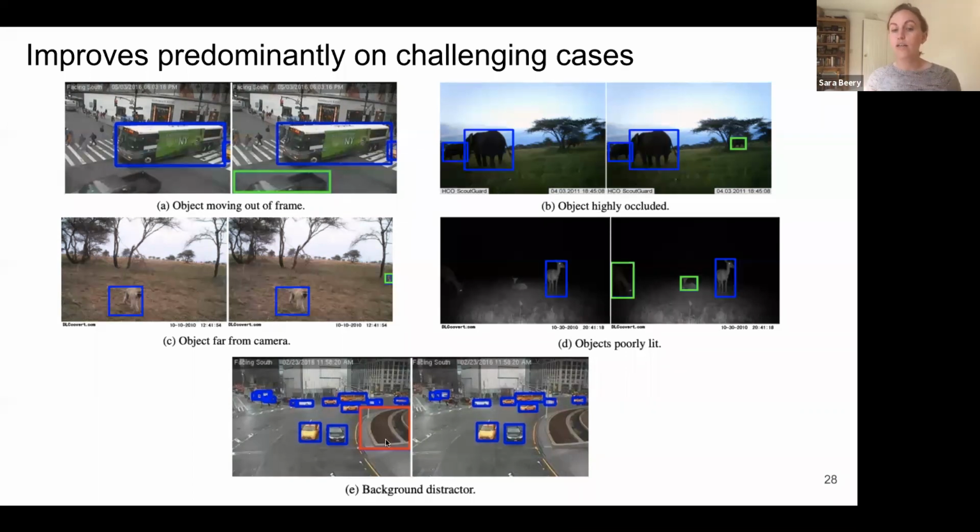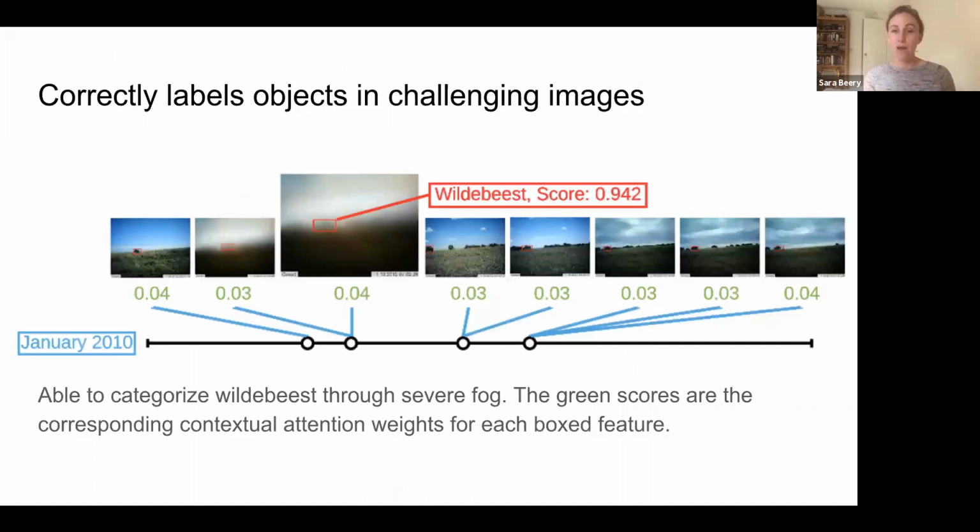And it also does help reduce the impact of what we call background distractors, these salient false positives, stuff like that rock in the previous example. And we do actually correctly label these really challenging objects by taking this context approach. And there's pretty much no way that you could do that otherwise.